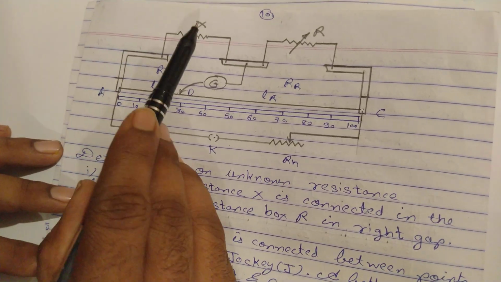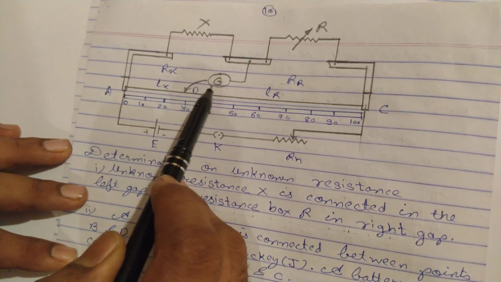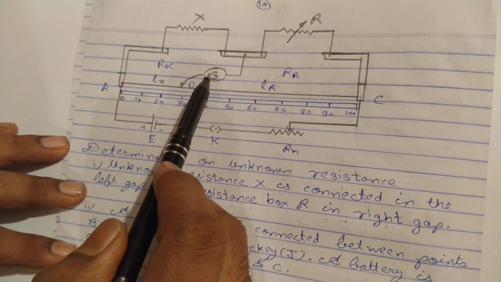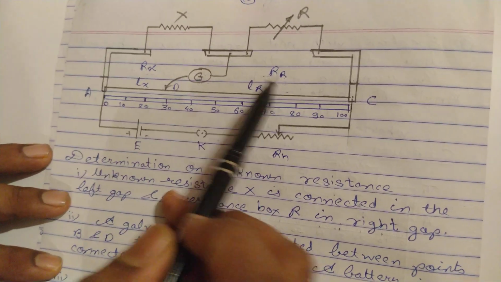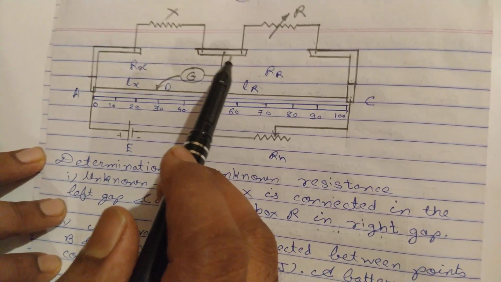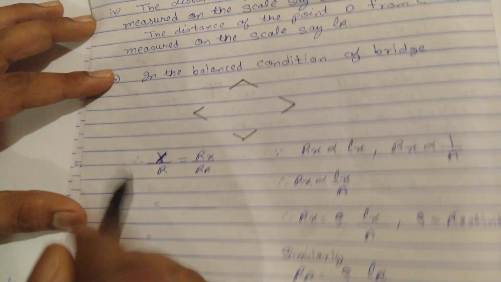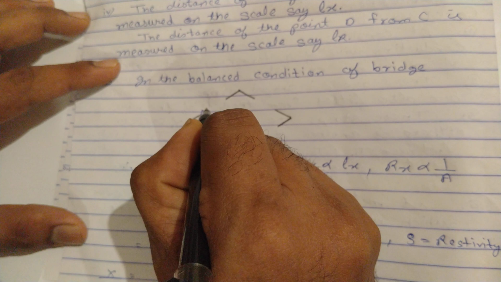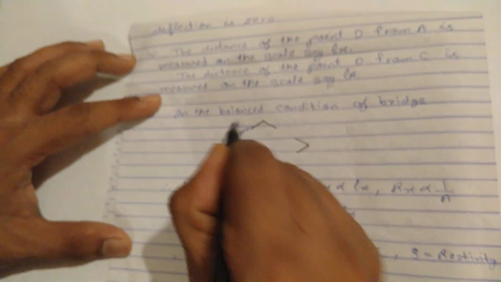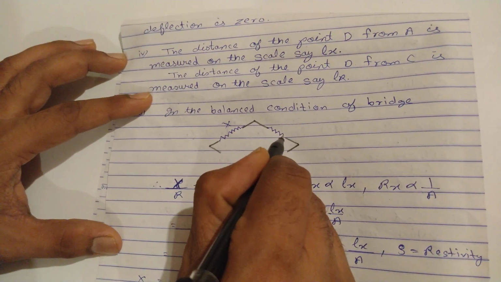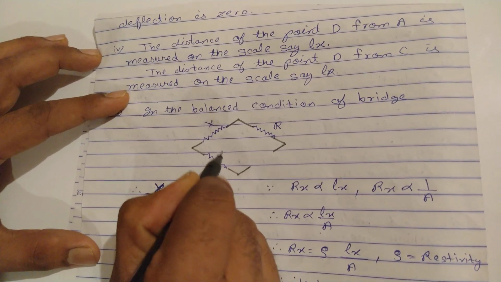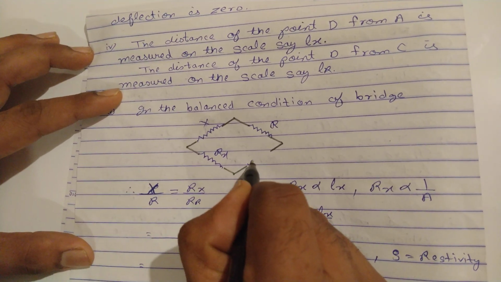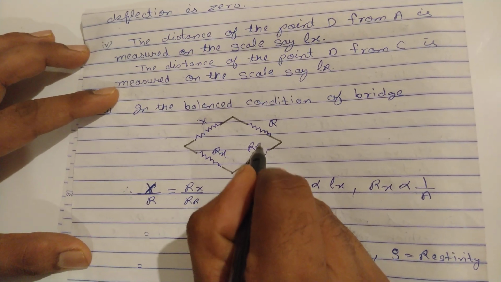Students, if you observe, when the current through the galvanometer is 0, X, R, Rx and Rr form a Wheatstone network. I will show you in the circuit diagram. This particular branch is X, this is R, this is Rx, and this is Rr.